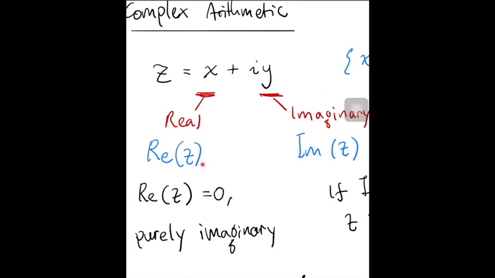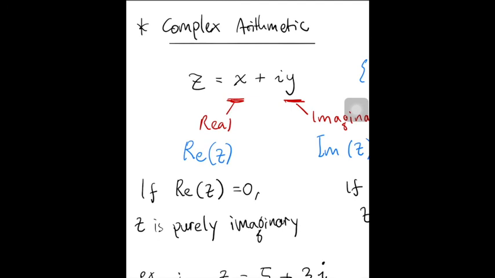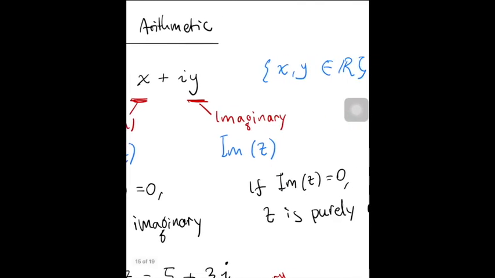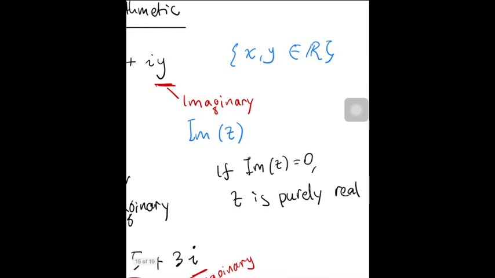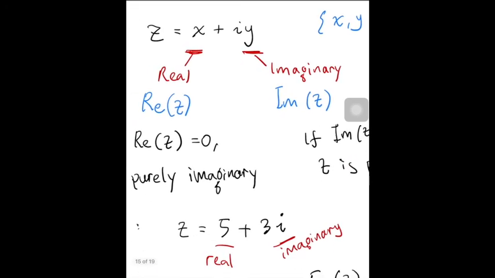This is written as Re(z), and this is Im(z). If the real part is 0, then the whole z will be imaginary. If the imaginary part is 0, then z is actually all real.